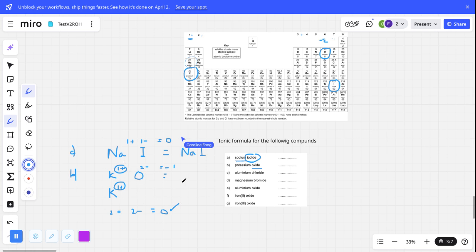So my final formula is potassium. Let me change colour, I've got 2 of them. But look, little 2 there, that means I need 2 potassiums. And oxygen, I only needed 1 of them. That's my formula for potassium oxide.